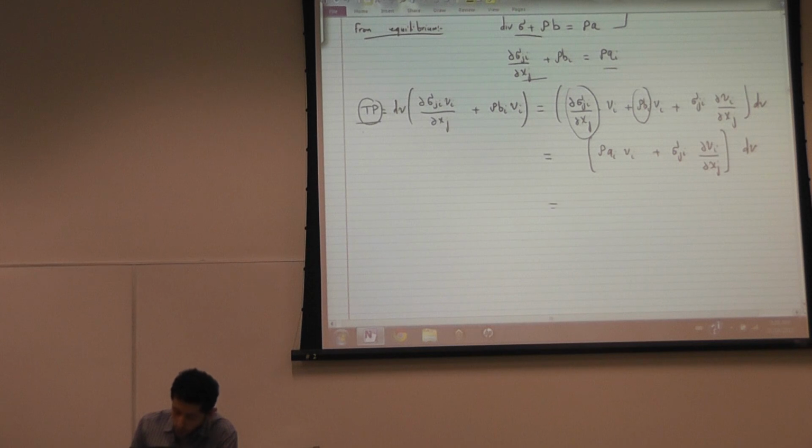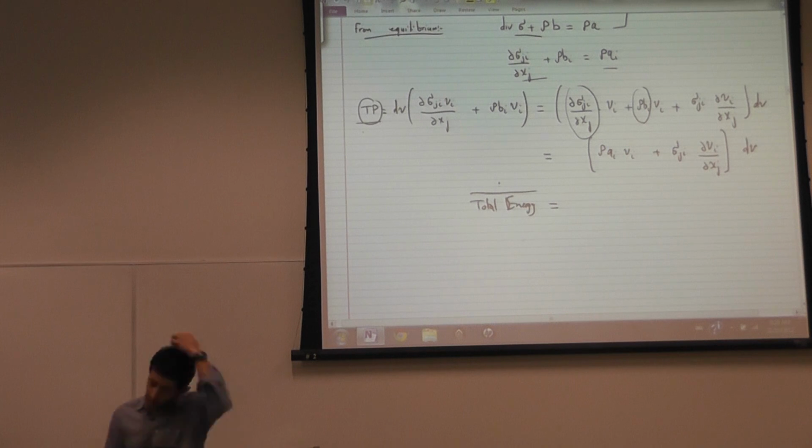And now, what we're claiming is that this is equal to the total energy, or the total rate of change of the energy, and that this is equal to the kinetic energy dot plus the potential energy dot.